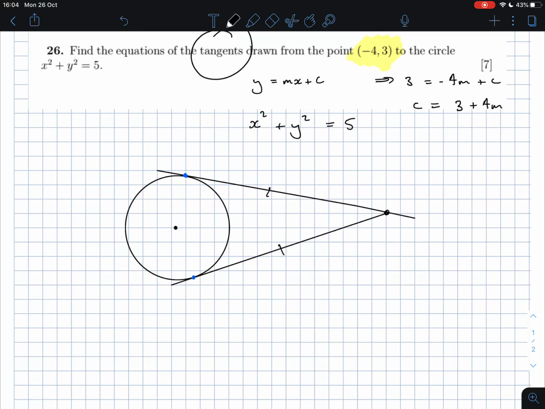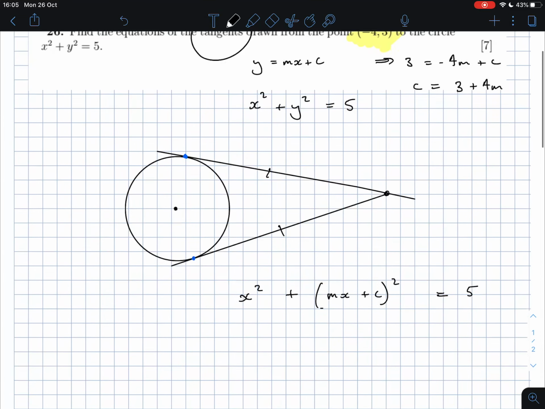So now I've got this relationship here, I can work on using y equals mx plus c and x squared plus y squared equals 5 to try and solve it simultaneously. So if I substitute it in, then I get this equal to 5.